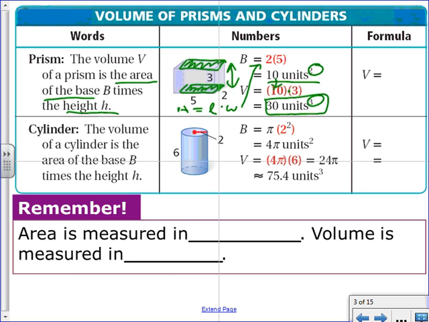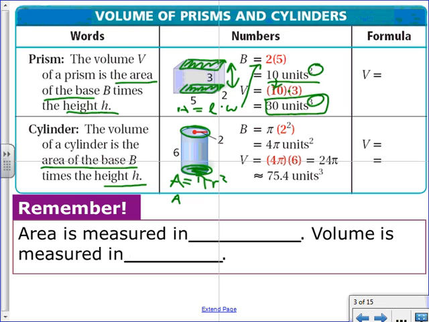The volume of a cylinder is, once again, the area of the base times the height. Okay, so we look at the base. It is a circle. Both bases are circles. And so we find the area of the base. And we know from the do now, the area of a circle is pi r squared. So I will replace my radius.